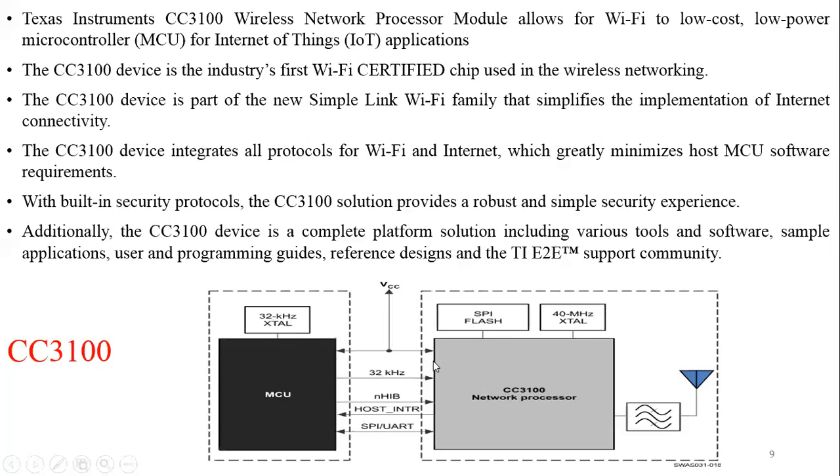Both will be connected with the power supply VCC, and the microcontroller clock is connected to the 32 kilohertz. Host interrupts are generated, and SPI and UART protocols are also supported. CC3100 is the most powerful Wi-Fi module used in Texas Instruments products.